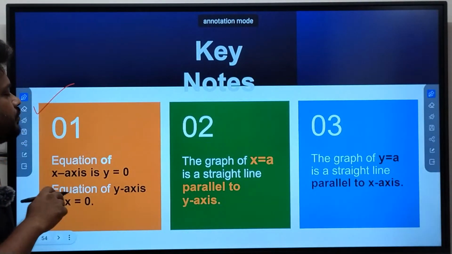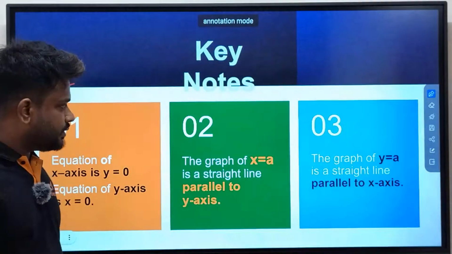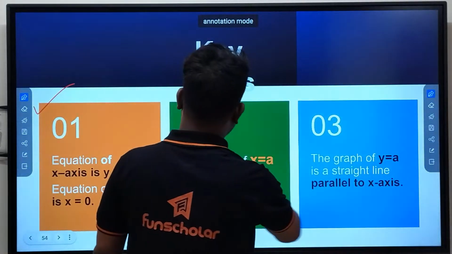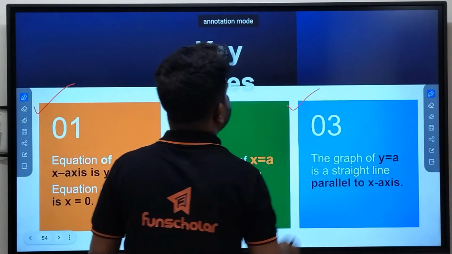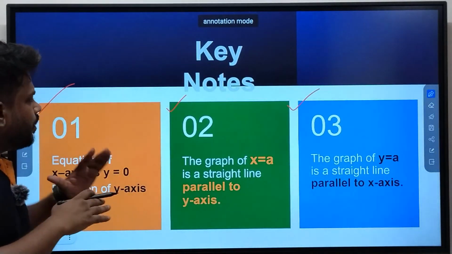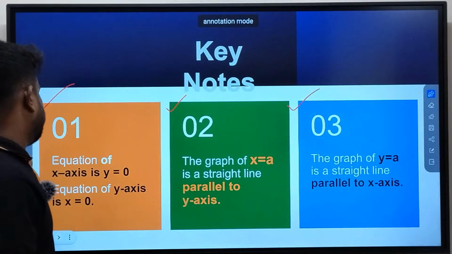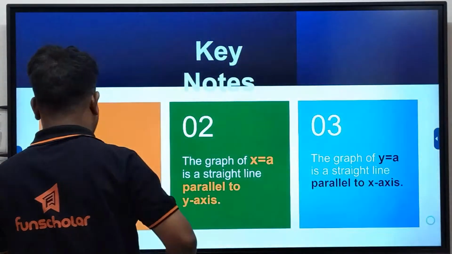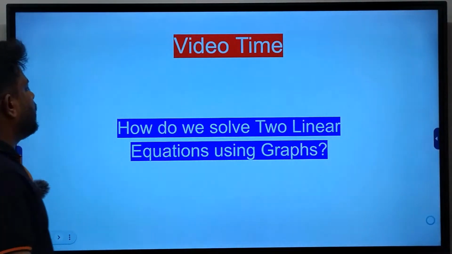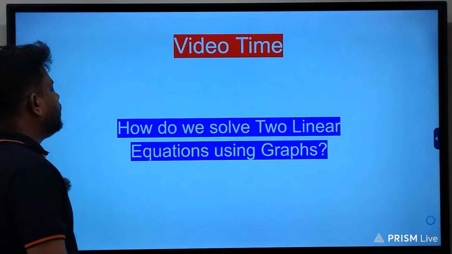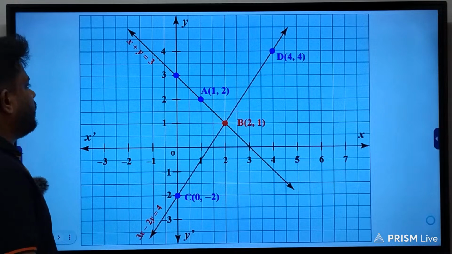Similarly, y equals a will be parallel to the x axis. Okay, so these are the three key points we have got from this part of the chapter. So how do you solve two linear equations using a graph?